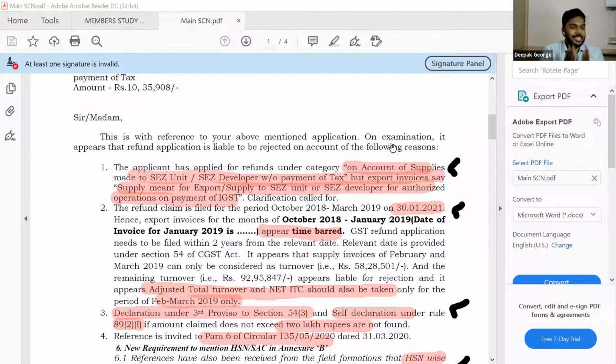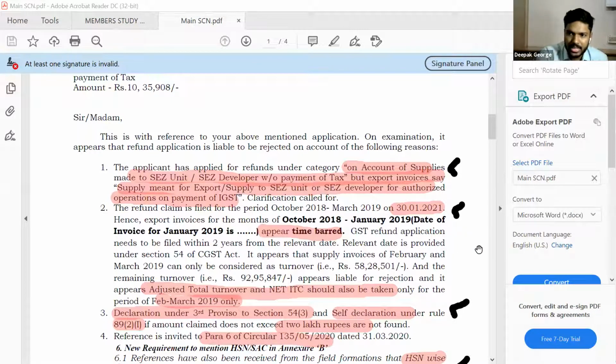The officer is saying that since you have made an application on 30th Jan 2021, your refund application is time barred because you have not adhered to that 2-year limit from the due date of filing GSTR 3B. And therefore, I will only give you refund applicable to the months of January and February. This was the second ground of rejection by the GST officer in the show cause notice.